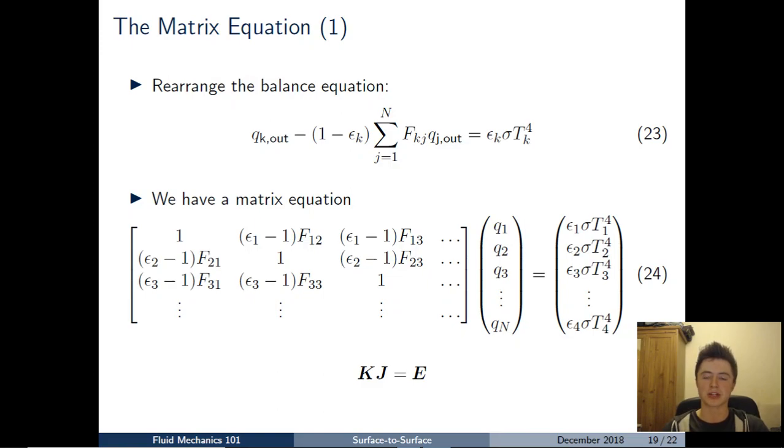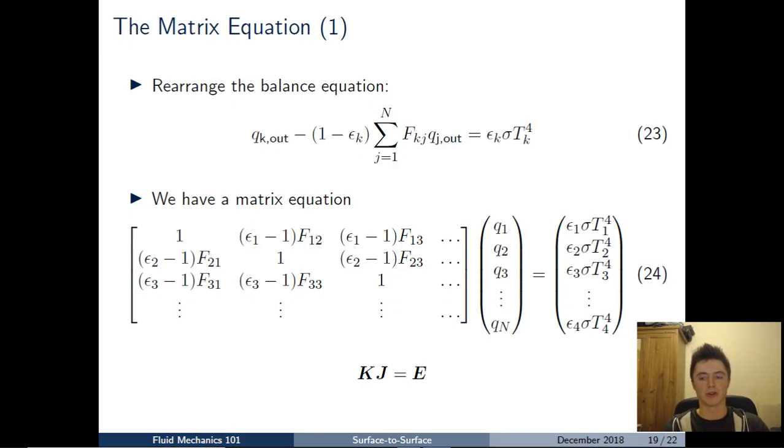We've got our matrix of coefficients on the left hand side, which are 1s on the diagonals, and then the product of the emissivity and the view factors, and then our unknown vector is a vector of heat fluxes given off our cells, and on the right hand side we have our known emissive power, which is proportional to the temperature of that cell to the power 4.